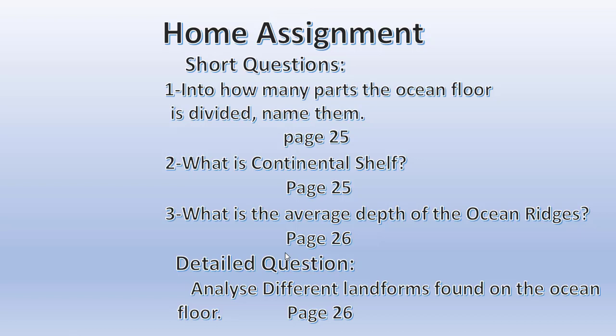Short question number 2 is, what is continental shelf? In the answer of this question, only definition of continental shelf is required. Short question number 3 is, what is the average depth of the ocean ridges? And the detailed question is, analyze different landforms found on the ocean floor.